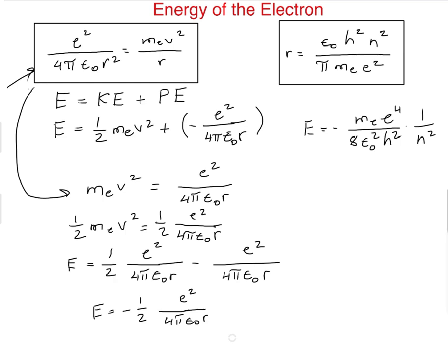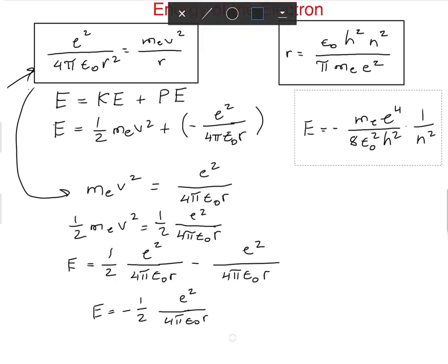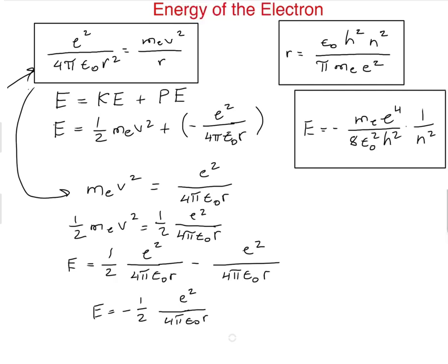I will let you do that. All you have to do is replace it and simplify, and you should get this final equation. So this is the energy of the electron. What we have just shown is that quantizing the position automatically quantizes the energy, and that's the bridge from classical physics to quantum physics.